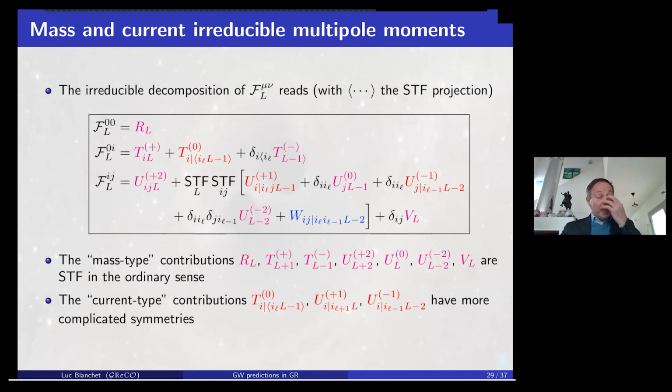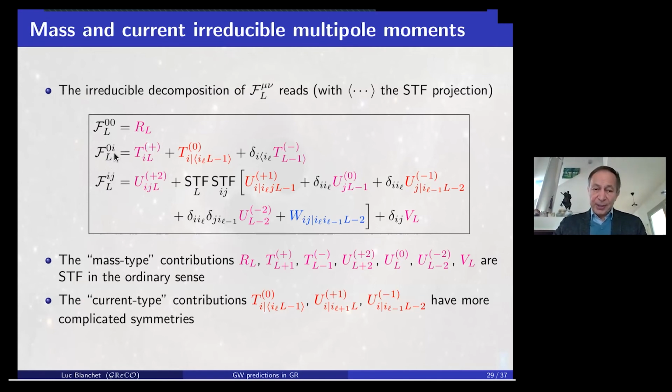So the problem is how to find the irreducible decomposition of these objects, including their various space-time components, 0 0, 0 i, and i j, in terms of irreducible STF tensors. And what we find is that for the 0 0 component, there is no problem because this object is STF with respect to the L indices.